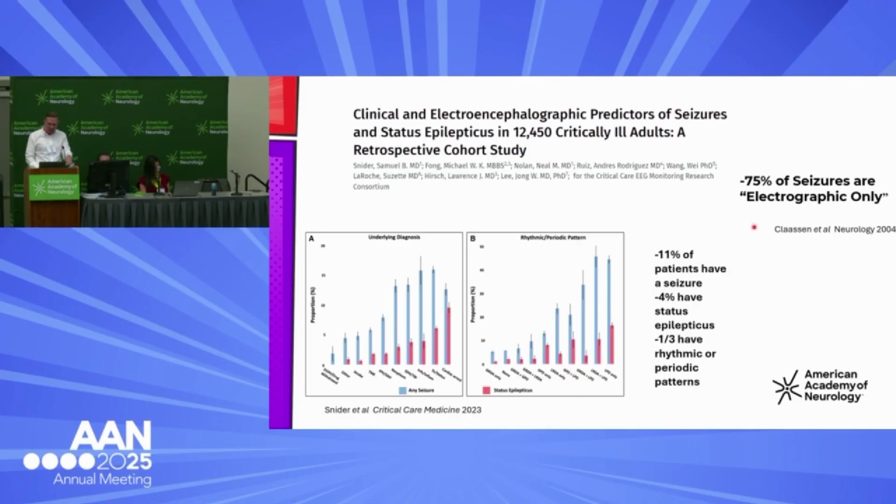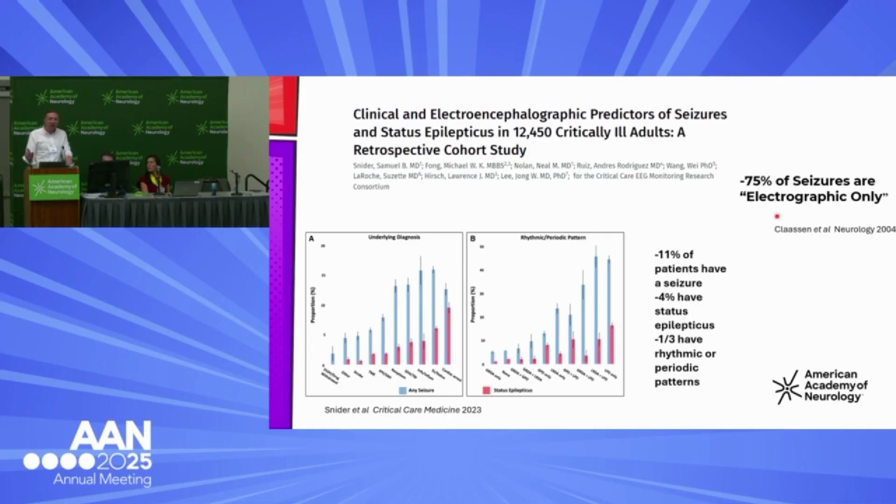I think there's another study that's held up over time by Dr. Claassen and Hirsch when they were at Columbia, looking at whether a patient who has a seizure on EEG will have ever had a clinical seizure during the course of their stay, some kind of positive clinical manifestation that would be consistent with a clinical seizure.